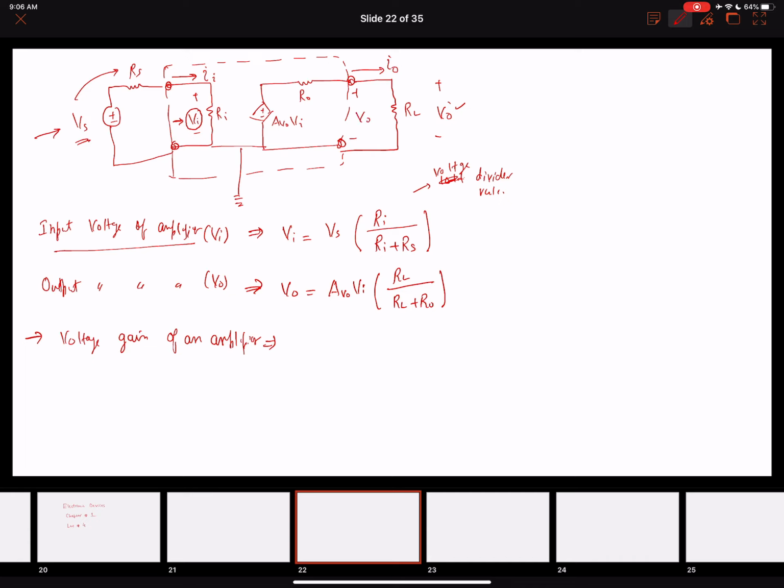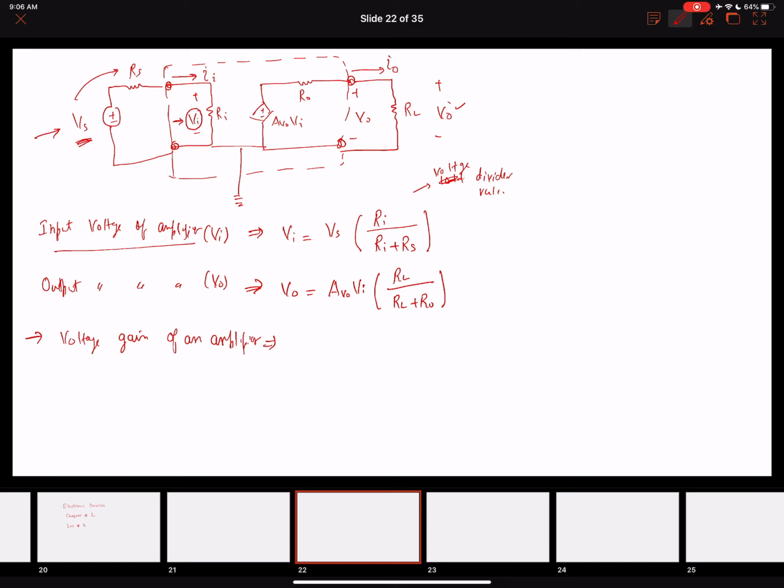And then we are going to define another gain, which we will call the overall voltage gain, in which the output is still V naught across the load resistance. However, our input is not the input of the amplifier, it will be the input voltage that we have applied, Vs. So we are going to find both.